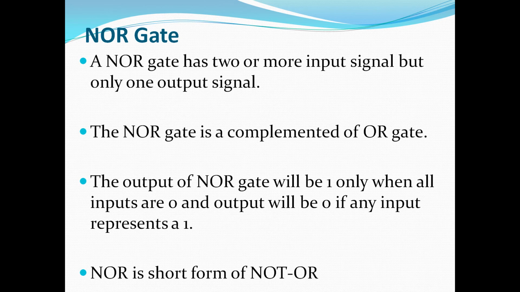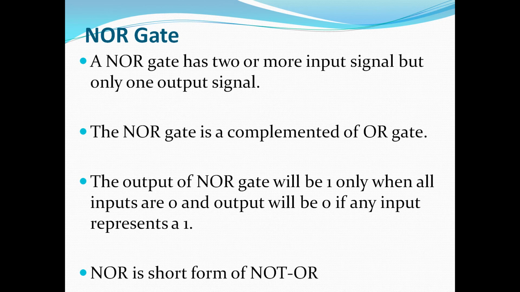Remember, the NOR gate produces two possible outputs, either 1 or 0. When will you get the output 1? When all the inputs are 0. Then we will get the output 0 when any one of the inputs is 1.